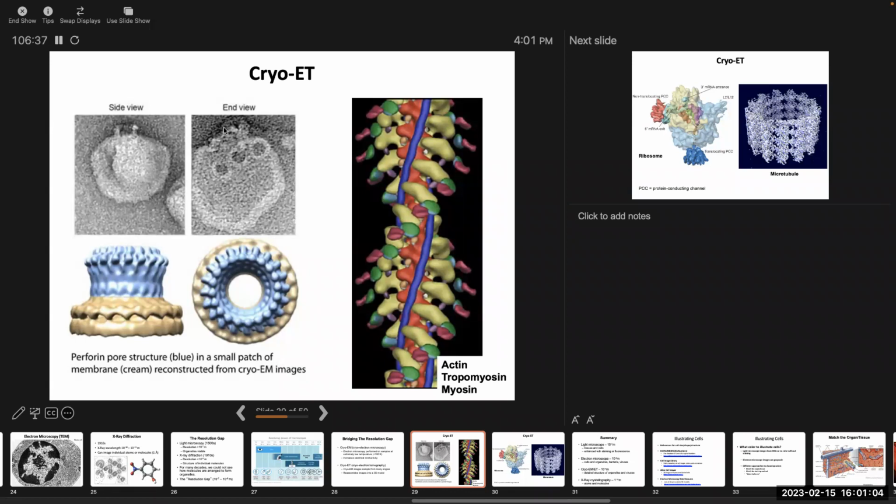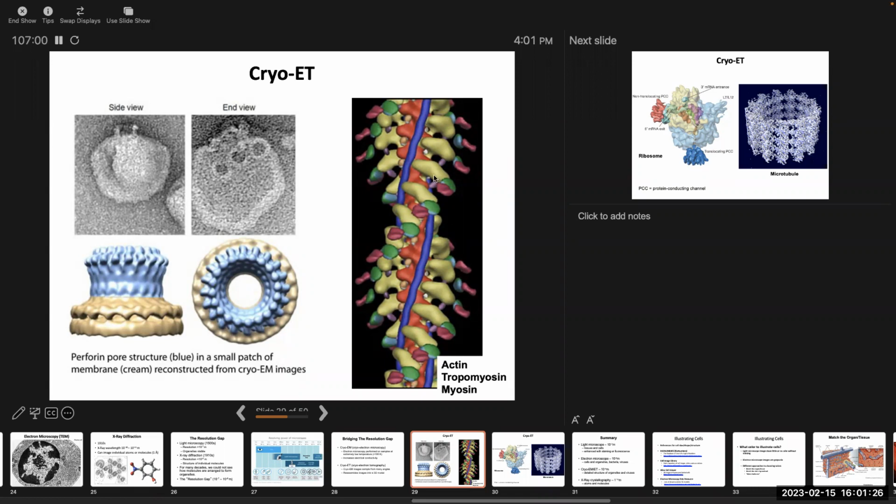And so you can use those side views and top views and combine them together to create an overall 3-dimensional view of this perforin. The tan is a chunk of the cell membrane, and then the blue represents the perforin protein complex that's created a hole in the cell membrane.